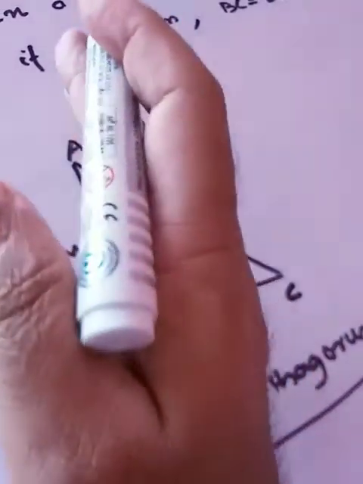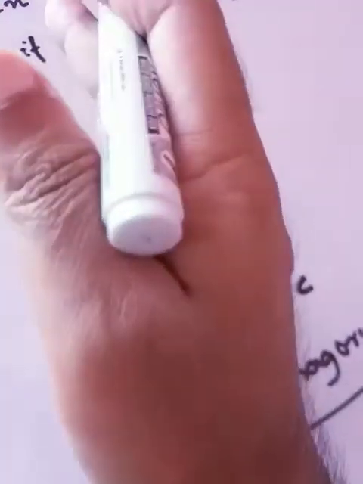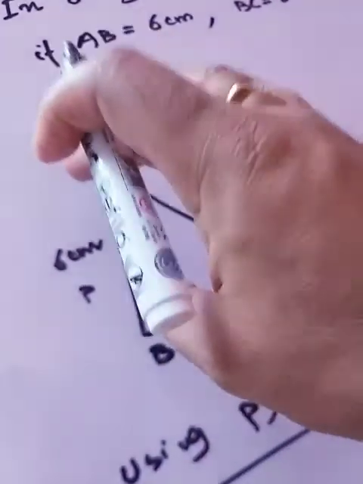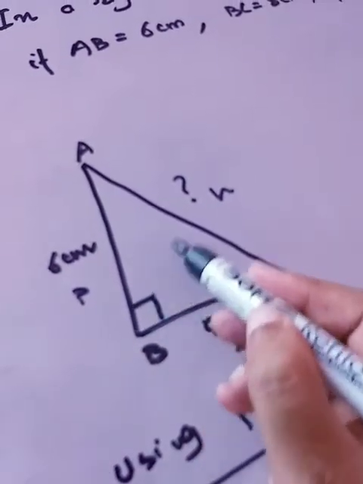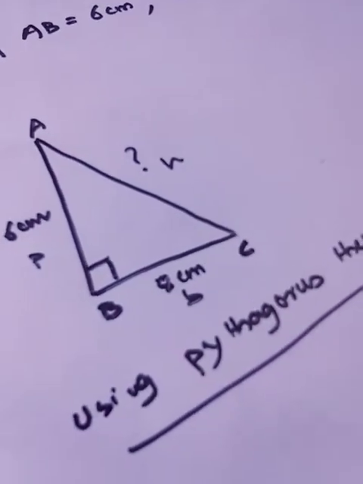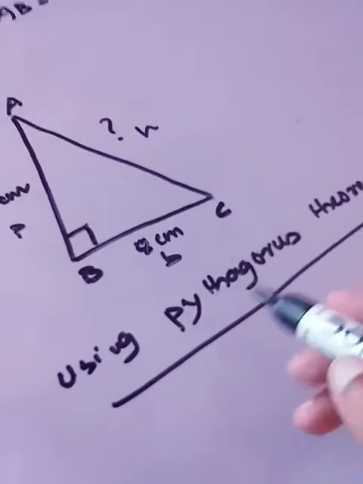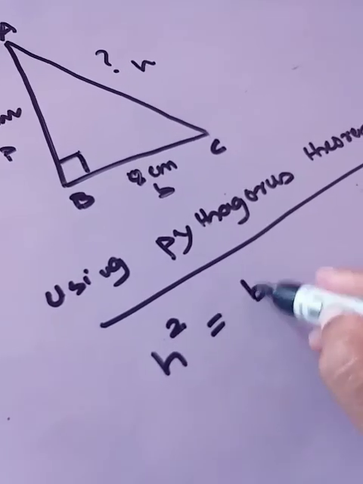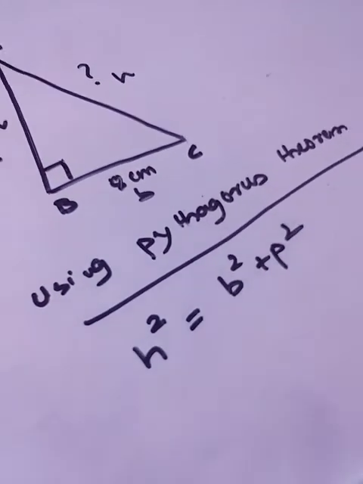This is the base, and the line which is standing vertically is called the perpendicular. So according to the Pythagoras theorem, hypotenuse square is equal to base square plus perpendicular square.